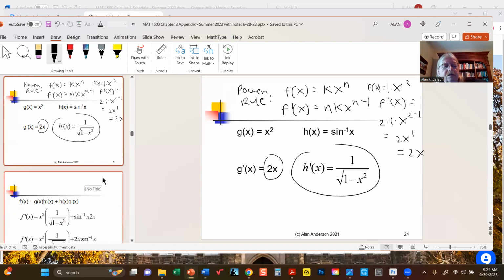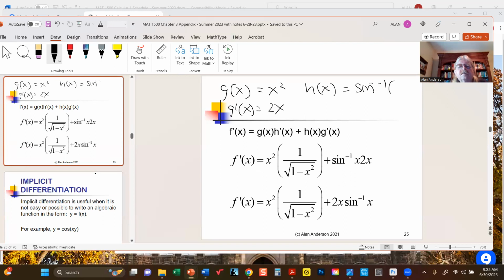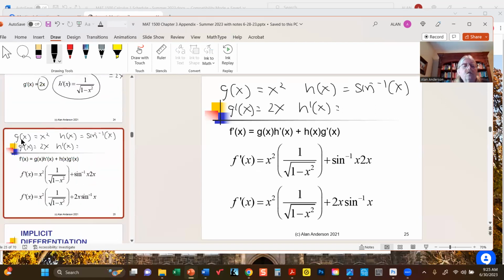So now we apply the product rule. Okay, let me just quickly remind you that g of x is x squared. G prime of x is 2x. H of x is the arc sine of x. And then h prime of x is 1 over radical 1 minus x squared.